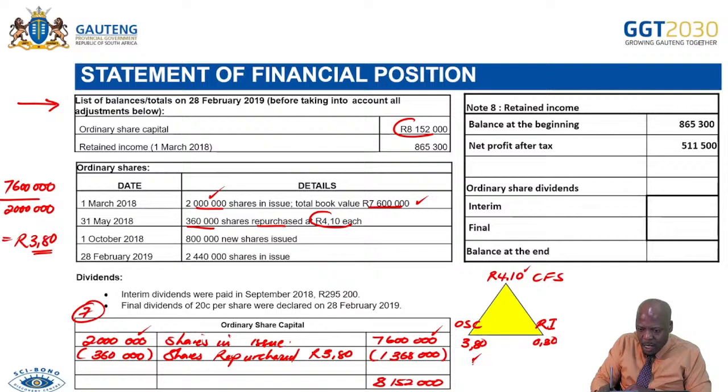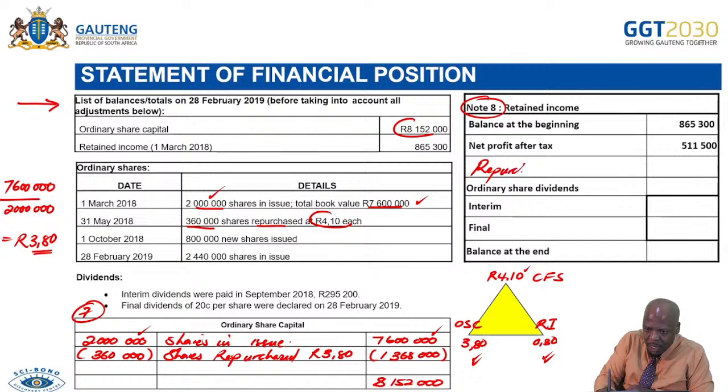Immediately, once I've recorded in my note 7, I must now go to my note 8. And I'm going to now come in and say repurchase of shares. I know that the shares that I have repurchased are 360,000. And the amount that I've paid above the average price, the amount that I've paid more than the average price, is how much? 30 cents.